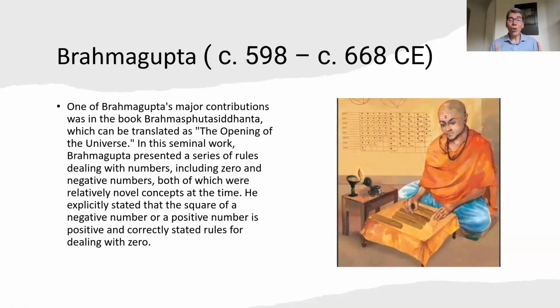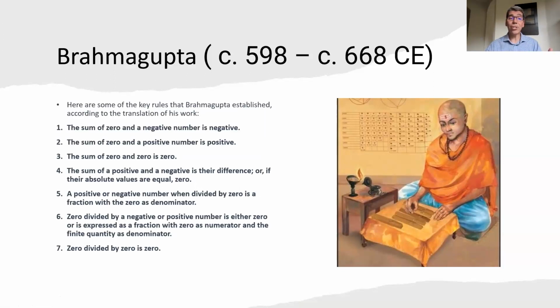People only counted positive numbers, but they didn't know how to deal with negative numbers. So Brahmagupta introduced all the rules of how to use negative numbers and how to correctly do operations with zero.